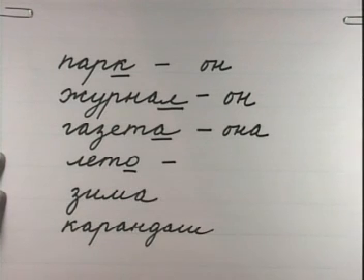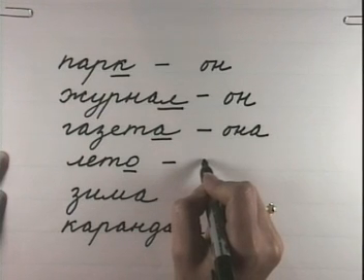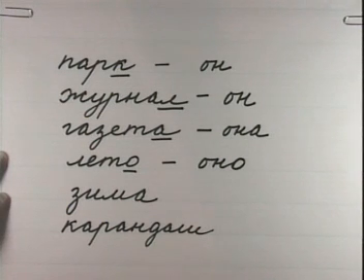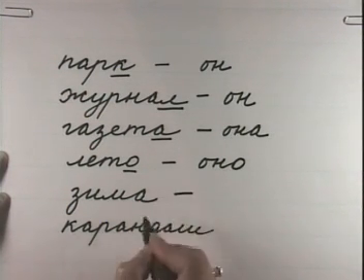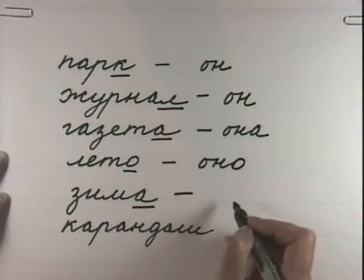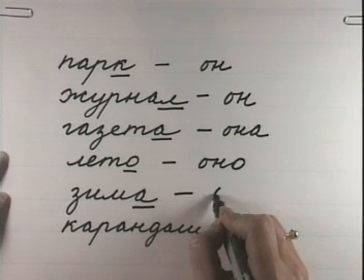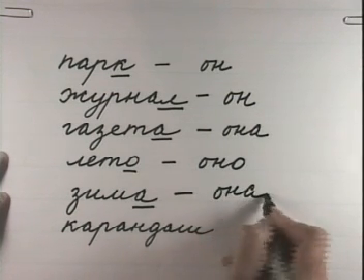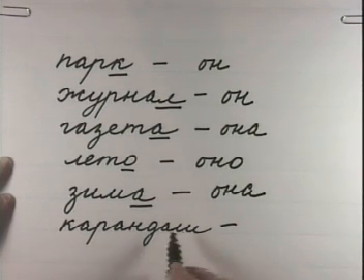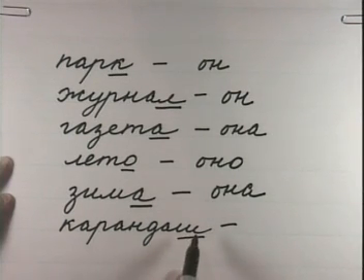Лето ends in о, and it means that it's a neuter noun. So within a sentence it can be replaced by the pronoun оно. Зима ends in а. It means it's a feminine noun, and our pronoun here is она. And finally, карандаш ends in ш. This is a consonant, so it means that карандаш is a masculine noun.